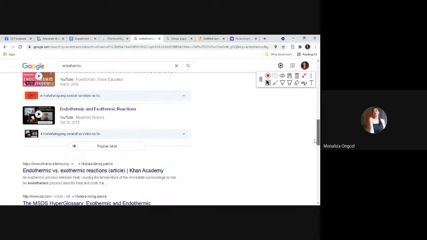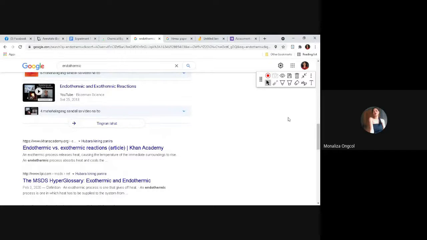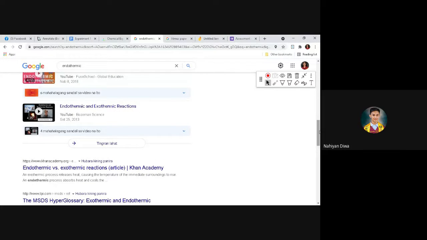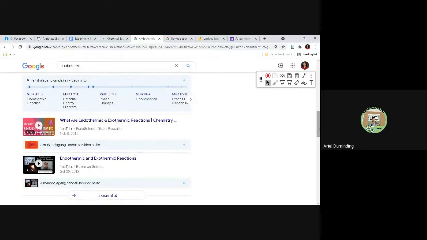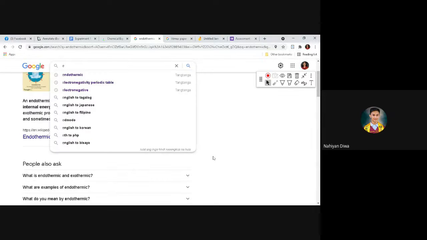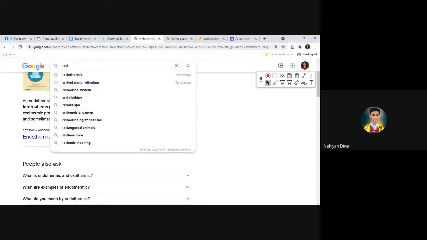Endothermic, ma'am. Positive is endothermic. Negative is exothermic. Yes, ma'am. Exothermic is negative. What is the main basis, ma'am, for saying that a reaction is endothermic or exothermic?